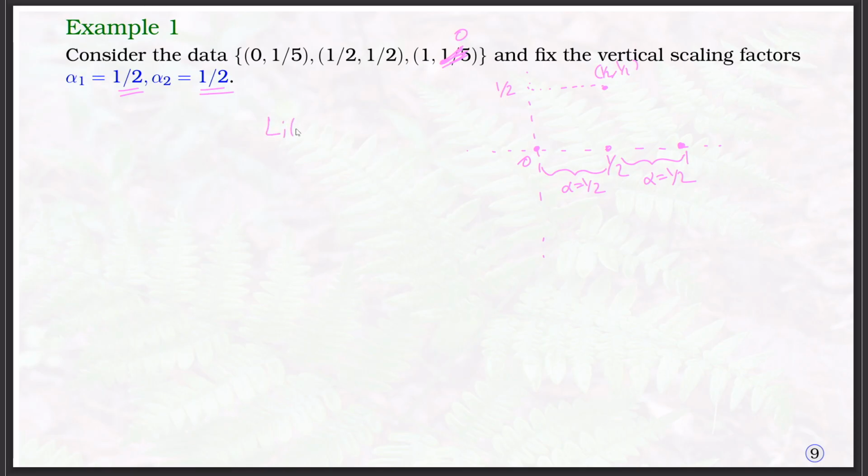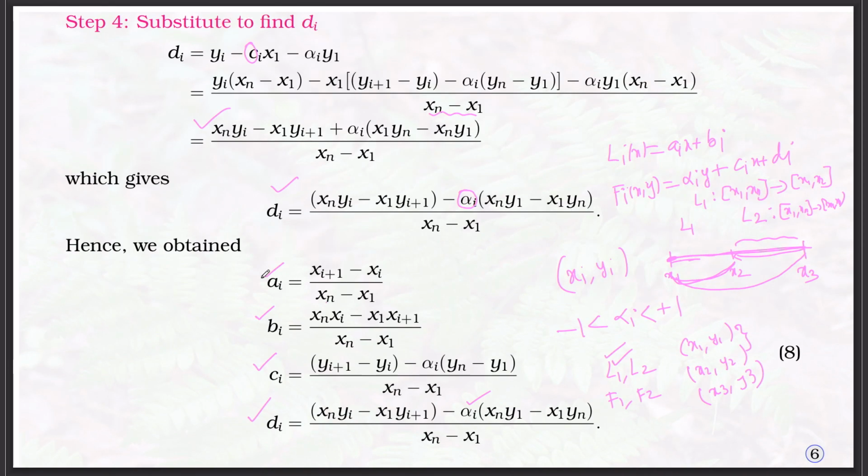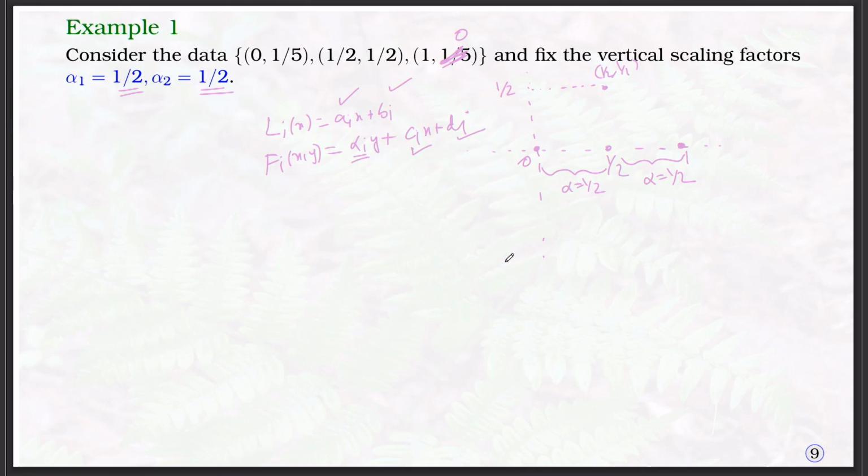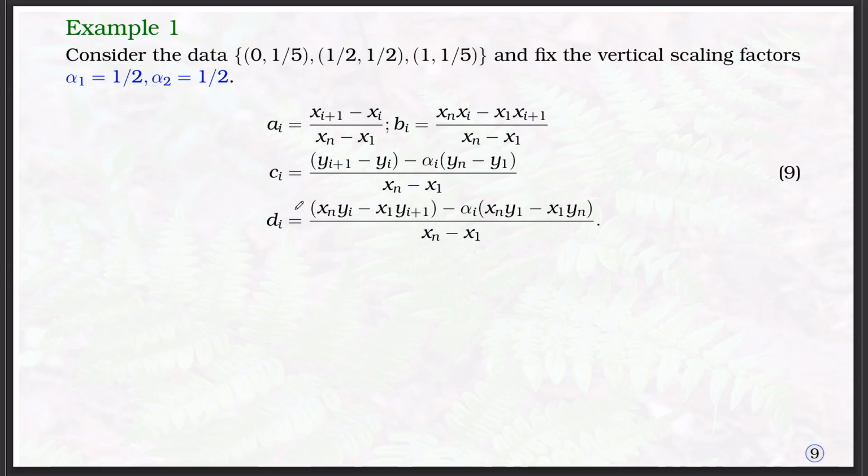So, now we can find Ai x plus Bi. Similarly, Fi of x comma y we can obtain as alpha i y plus Ci x plus Di. We know how to find Ai, Bi, Ci and Di. Here the alpha value we are fixing as 1 by 2 in both intervals. Then one can use the formulas given in equation 8 to find the A, B, C, D values.